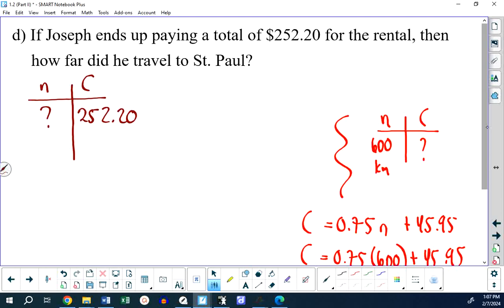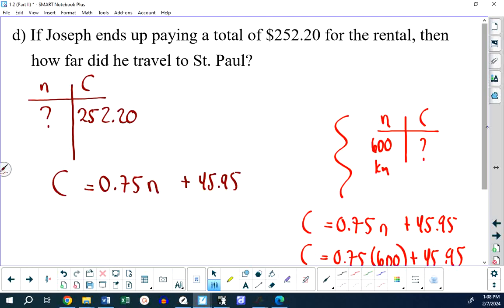When you know x, it's easy to find y, because your equation says y equals. When you know y, it's harder to find x. But we're going to take this equation, cost, which is our y, equals 0.75 times x, which is our number of kilometers, plus 45.95.